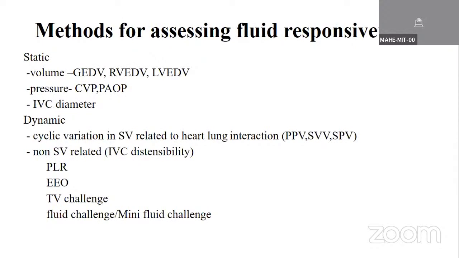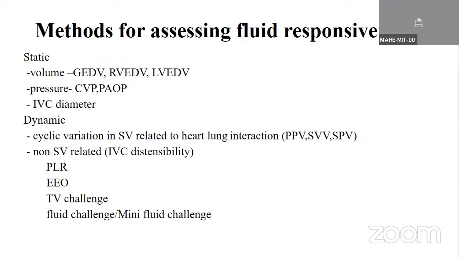For assessing fluid responsiveness, we use either static or dynamic parameters. Static parameters use volume, such as global end diastolic volume or right and left end diastolic volume separately, to measure the preload, and pressure, that is CVP or pulmonary artery occlusion pressure, or IVC diameter.